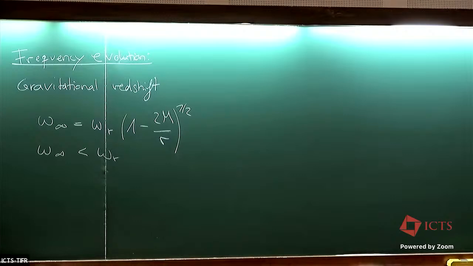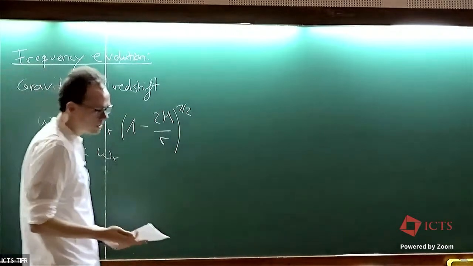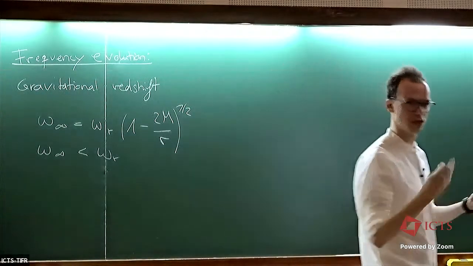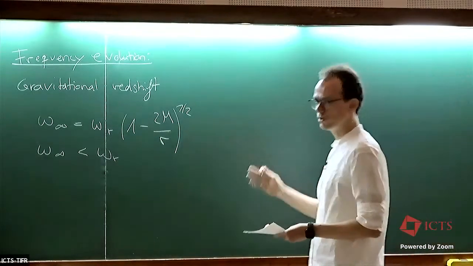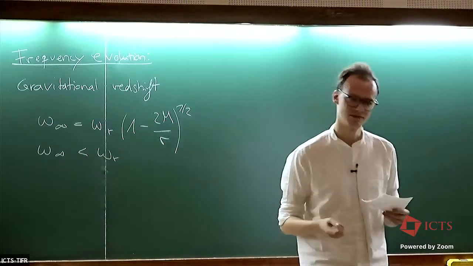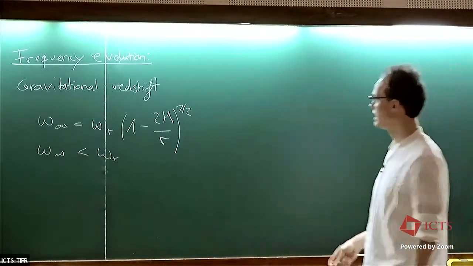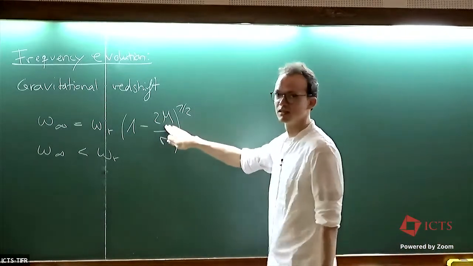So basically, you had some frequency at the location, quote-unquote location, where it was sent out, and then it reaches infinity and it has a slightly different frequency. Okay. Now, this doesn't really matter because we only detect the gravitational waves at infinity. So what the gravitational waves went through on the way to us doesn't really matter, right? But what does matter is this m here, right?